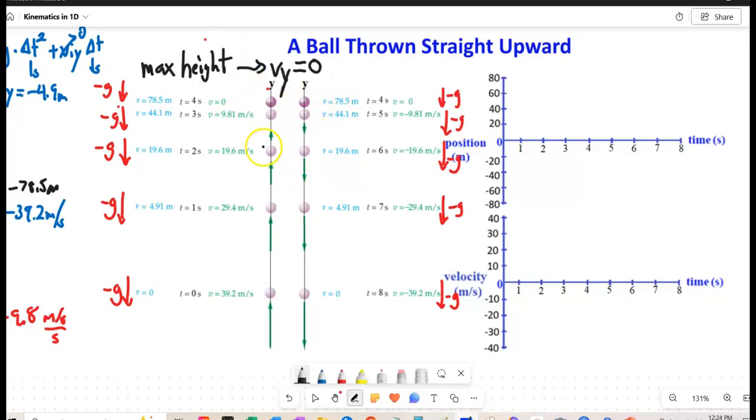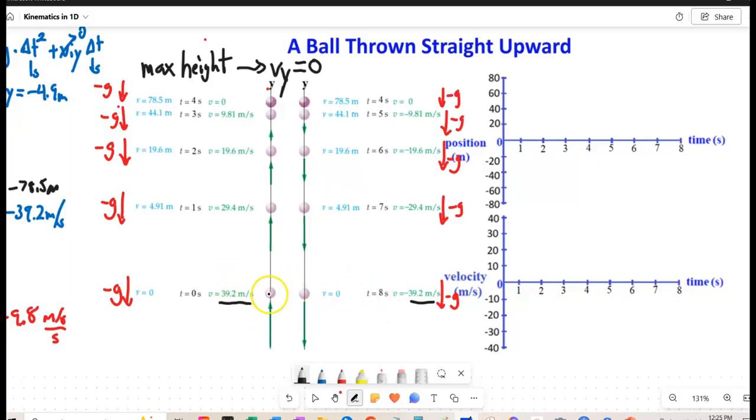And something else interesting happens. So now it took 4 seconds to reach its maximum height. Well, now it's going to take another 4 seconds to fall back down into your hand. And notice that the speed that you launched it up with, which is 39.2 meters per second, is the speed that it is coming back down at. Just in the different direction, right?